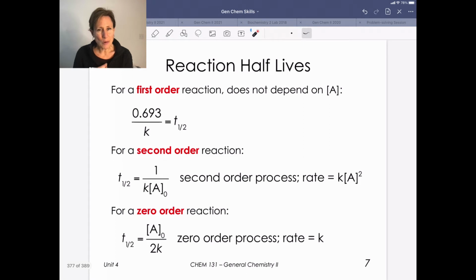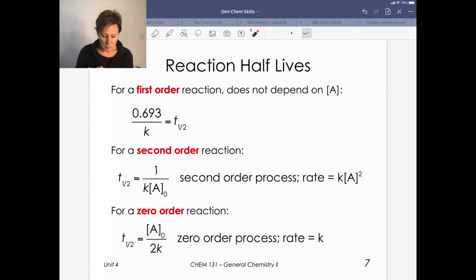We also have corresponding different equations for second and 0 order processes for half-life. Remember this equation for half-life? It allows us to interconvert the half-life and the rate constant for a first order process. We've got a similar kind of equation for a second order process, and then for a 0 order process.